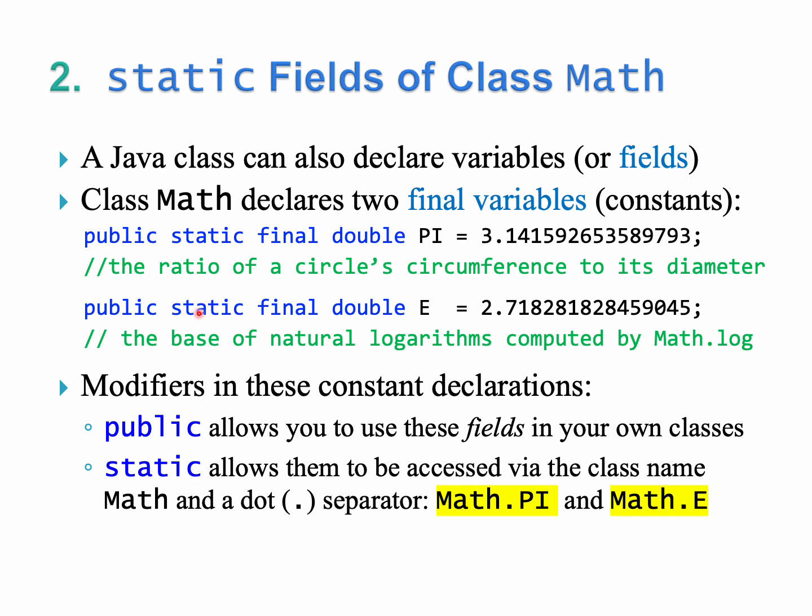The modifier static allows this field to be accessed via the class name Math and a dot separator. So you write Math.PI to access the constant PI of the Math class, and you write Math.E to access the constant E of the Math class.